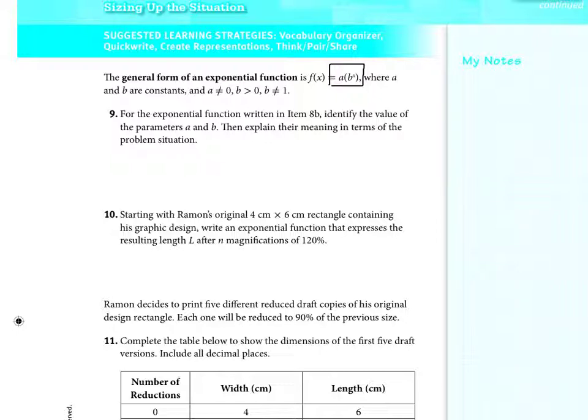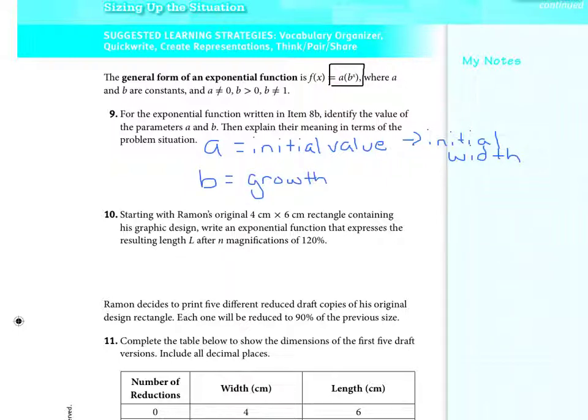So following that rule, a is always going to be the initial value, which in our case was the initial width. And b was that growth factor. Or it could be the decay factor if it was getting smaller each time. But it's what you're multiplying by each time. So in ours, that was the 1.2.